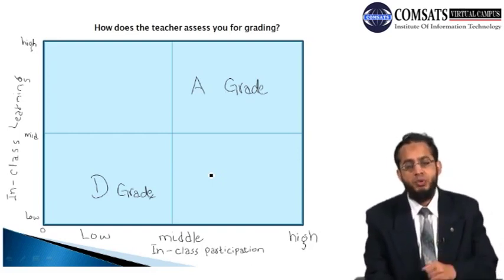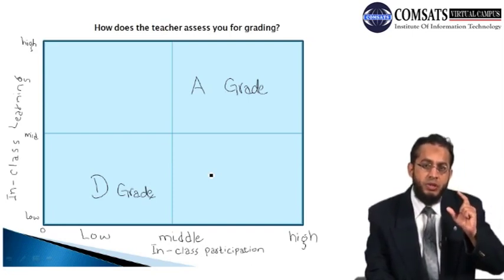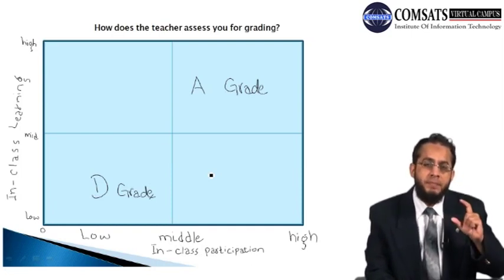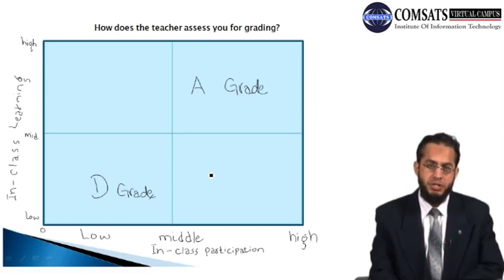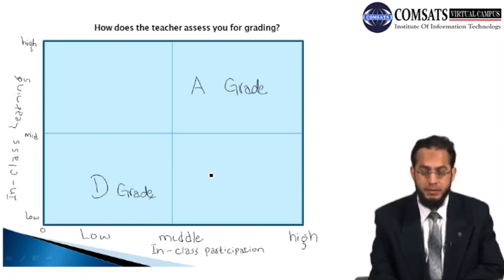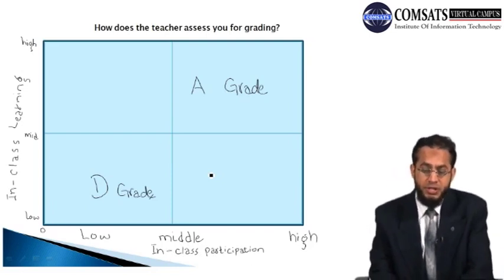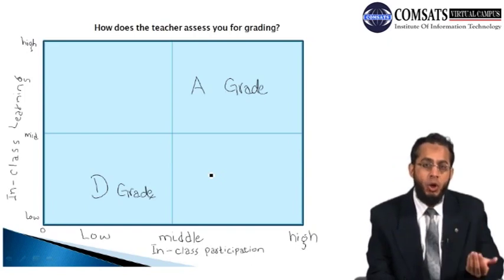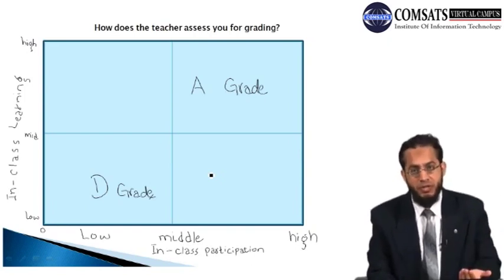Yet there are other teachers who have a preference to actually assess students on the basis of their in-class learning more rather than their class participation. So it depends. In my case, I would say most of the students who participate actively in class, while learning low, tend to learn higher gradually with the passage of time.